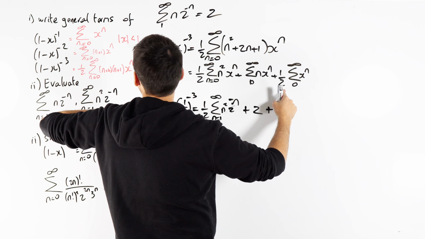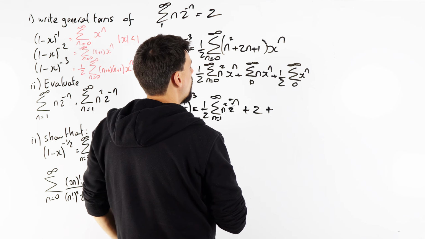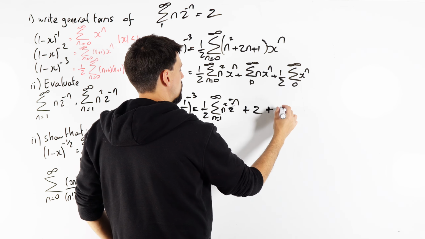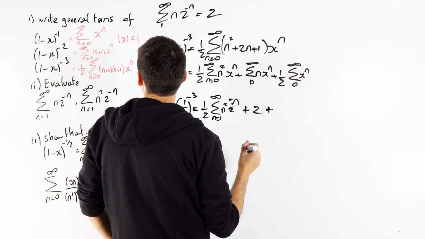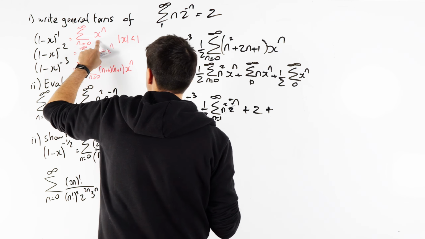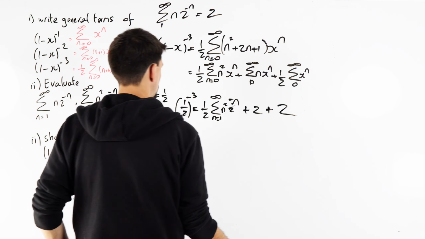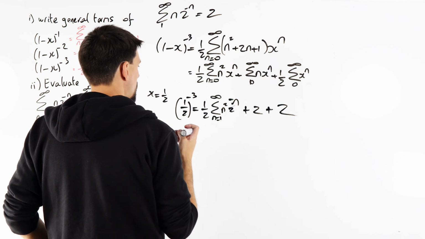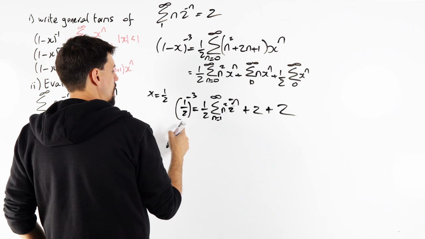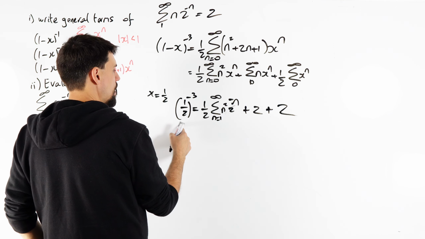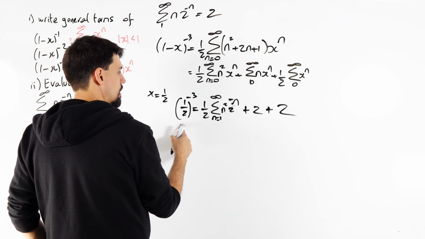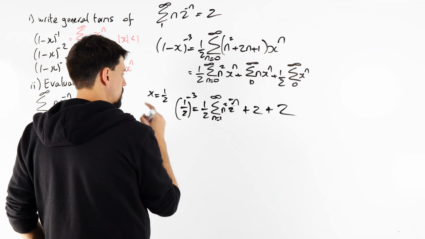Plus 1/2 the sum of 2 to the minus n. Now, if we plug a half in here, we will get 2. Now 1/2 to the minus 3 is 8, minus 4.